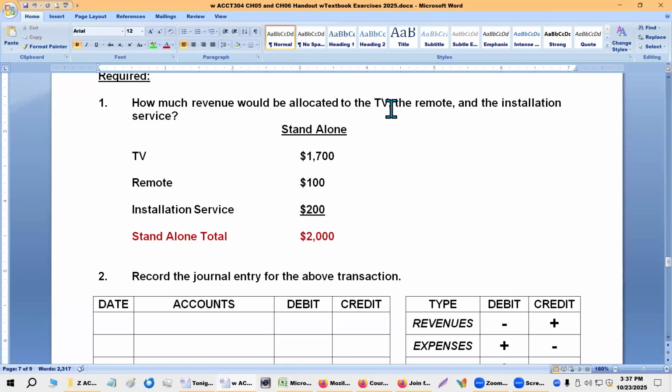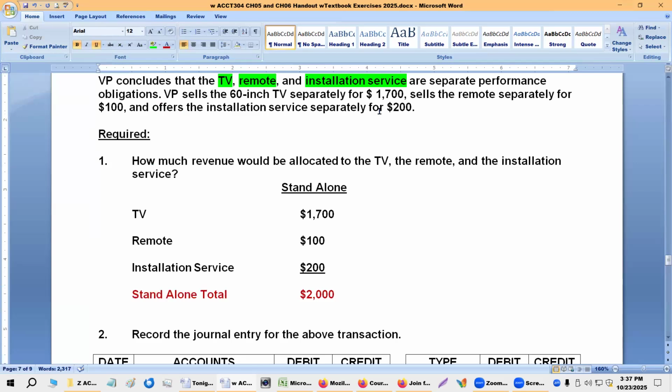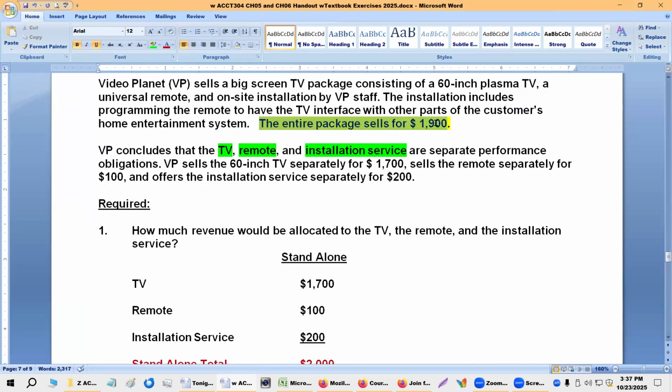Okay, there's a few different ways we could do this. We could go through each one and determine what percentage it is of the total, and then multiply that to come up with these.